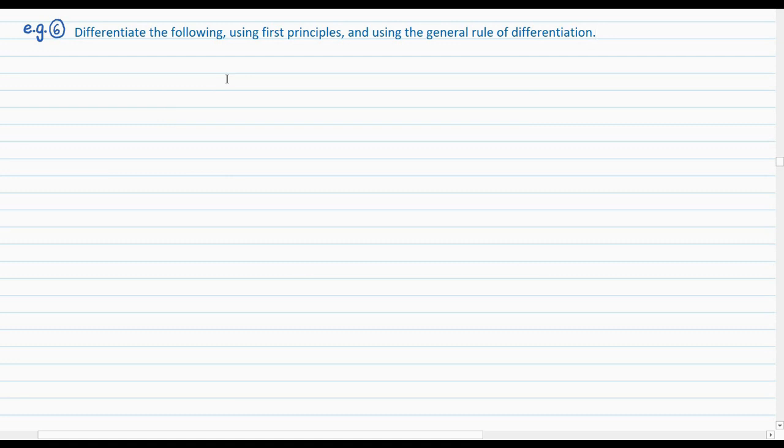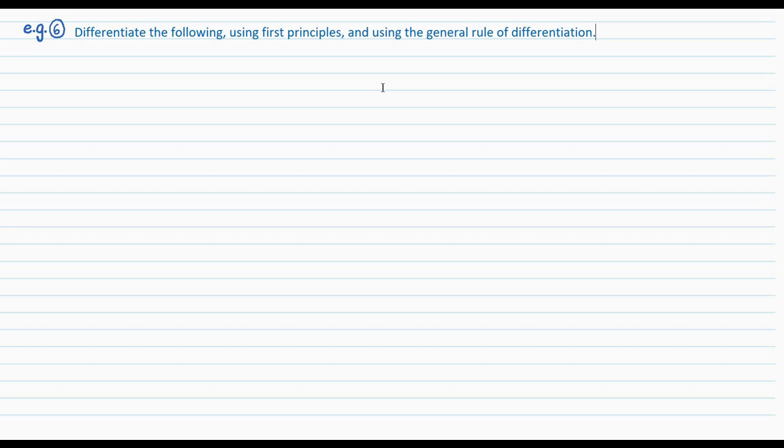Differentiate the following using first principles and using the general rule of differentiation. So the question asks us to differentiate using first principles, meaning using the derivative equation with the h's and everything, and also using the general rule of differentiation I just talked about. The point of this example is to show you that you will indeed end up with the same result, but with much less effort using the general rule.